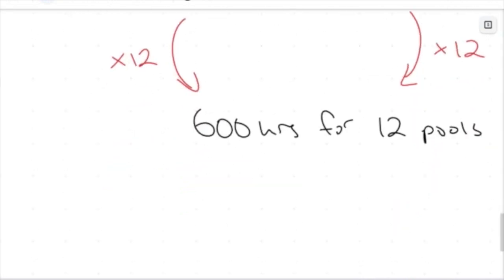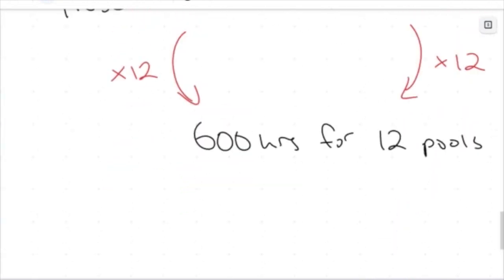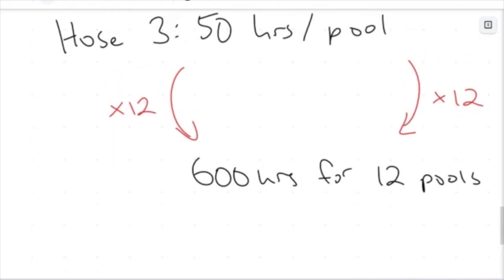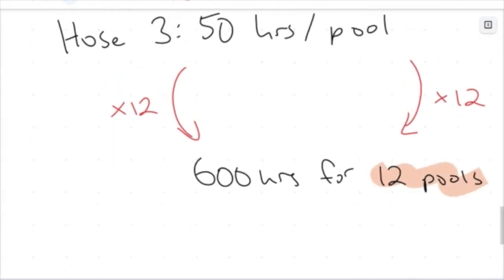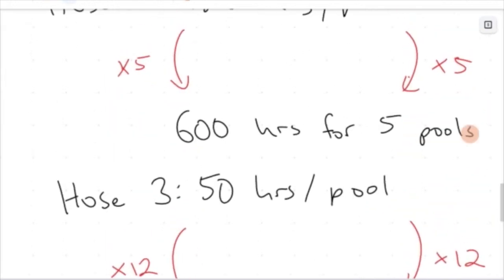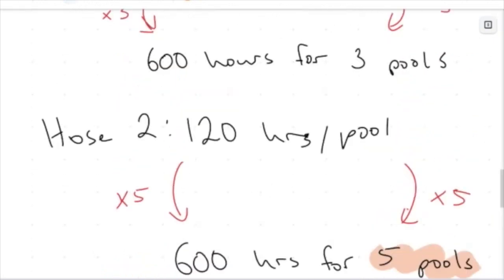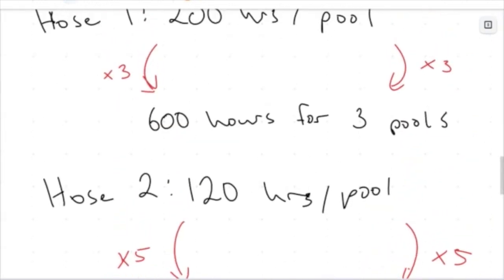So that means, guys, that altogether, in 600 hours, hose 3 fills up 12. In 600 hours, hose 2 fills up 5. In 600 hours, hose 1 fills up 3 pools. How many pools are filled in total?